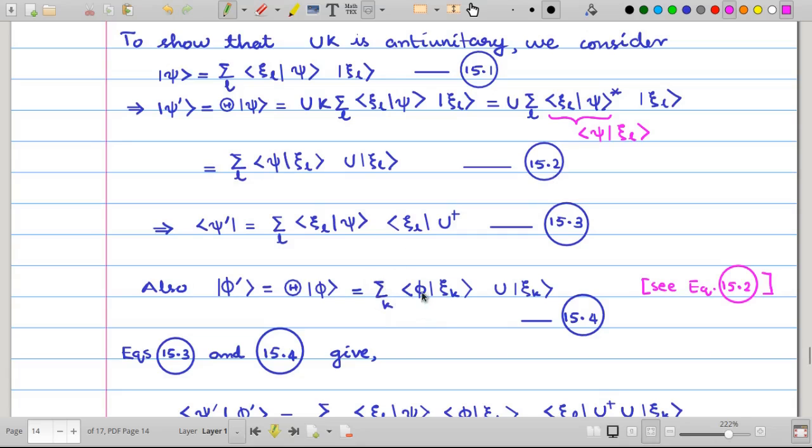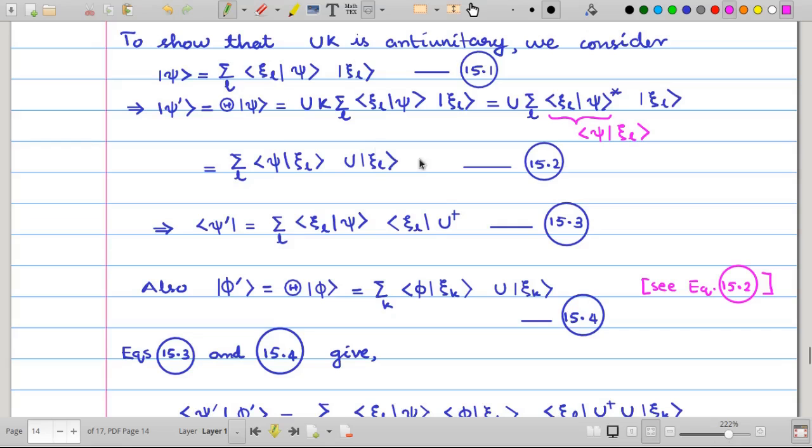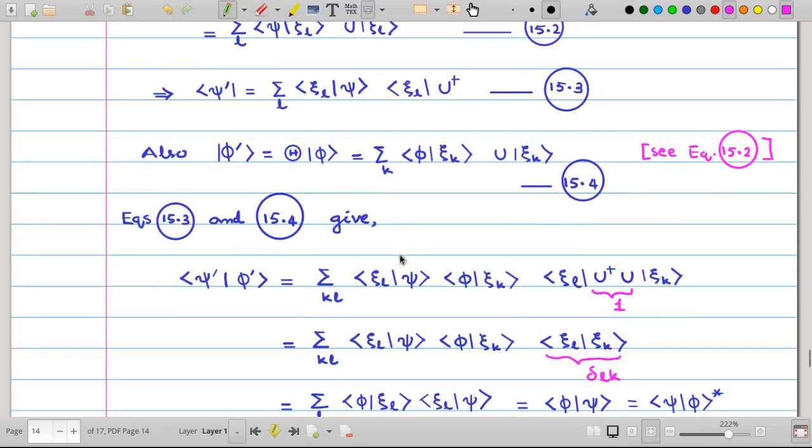Instead of psi we have phi here, so the inner product of phi with c_k, then U acting on the basis vector c_k. So we have two equations, 15.3 and 15.4, and we can use these two equations to construct the inner product between the transformed states psi dash and phi dash.